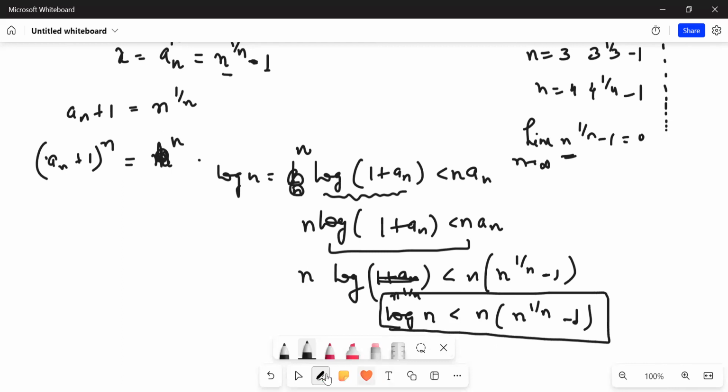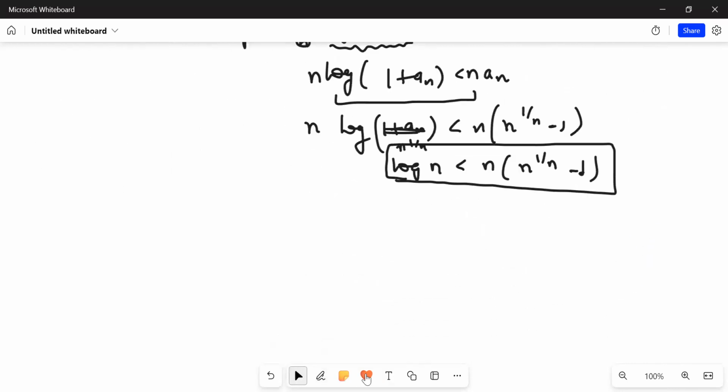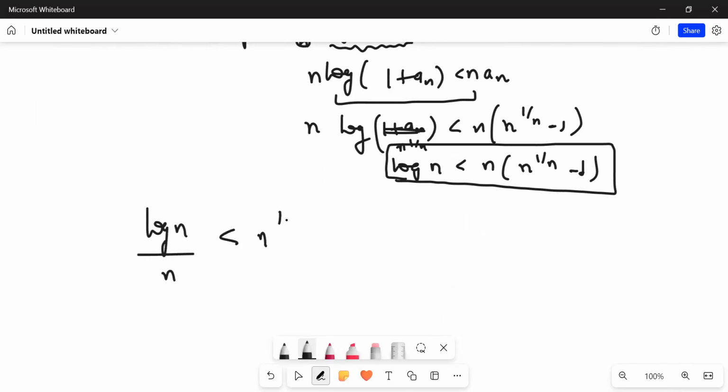Since it is clear, then what can I do? See, I'm not going to use the general result now. I'm going to use your question. So log n will be less than n to the power 1 by n minus 1. Is that clear? And always remember, this is your log graph. This is how log looks, and log will tend towards infinity.